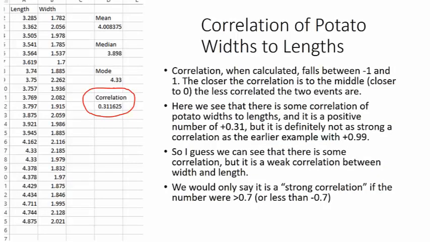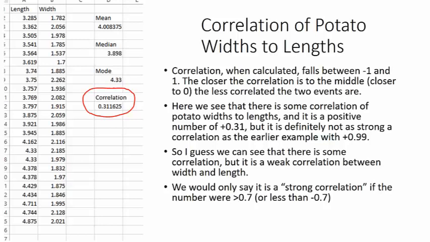So here we see that we have a very weak correlation. It's 0.3 for these potatoes. They're weakly correlated. So I would not say that there's a strong correlation. It's not really close to a 1. But also I wouldn't say that they're completely independent. It's not really a 0 there.